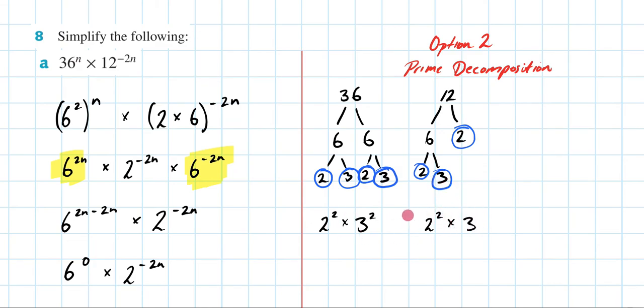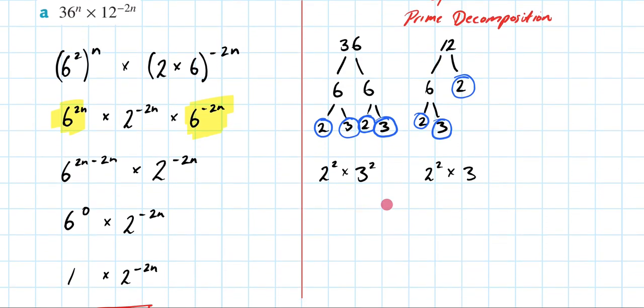Perfect. Now that I have it in the prime, now that I have the prime decomposition, what I'm now going to do is write this, because this right here equals 36, and this right here equals 12. So instead of writing it like this, I can write it as (2 squared times 3 squared) to the n times (2 squared times 3)^(-2n).